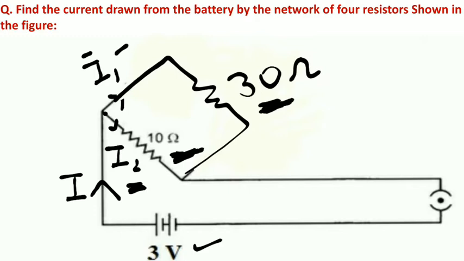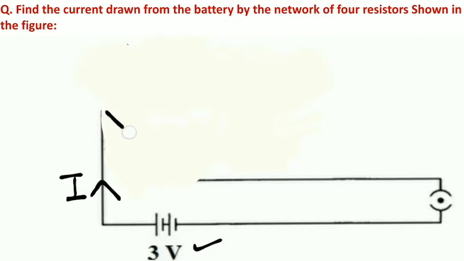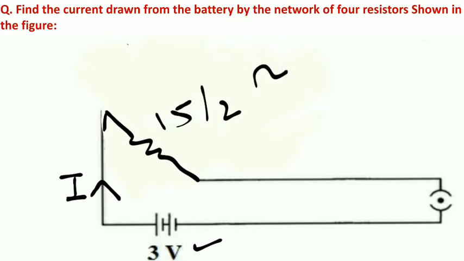Okay, let's remove these two resistors. We have removed these two resistors and the resultant of these two is 15 by 2 ohm.